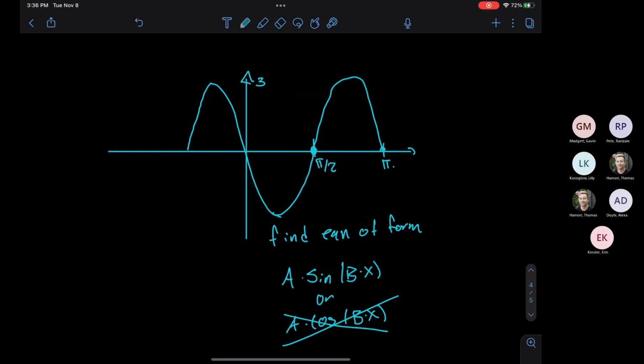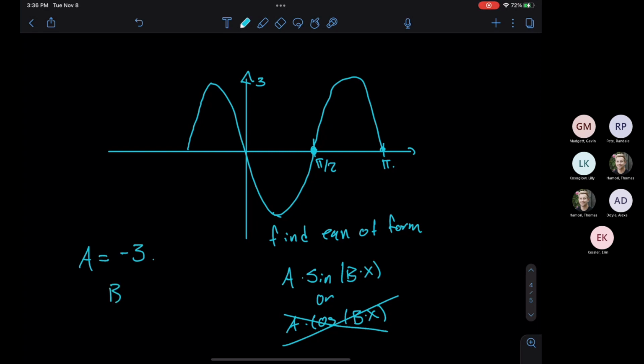So what is a going to be? -3. Yeah, you got it. -3. It needs to be negative because that's a reflection, and it needs to be 3 because that's how much we vertically stretched by. Okay, so that's a dealt with.